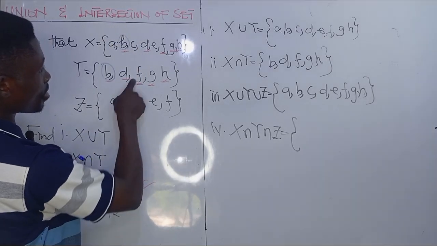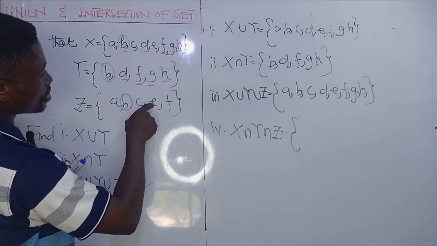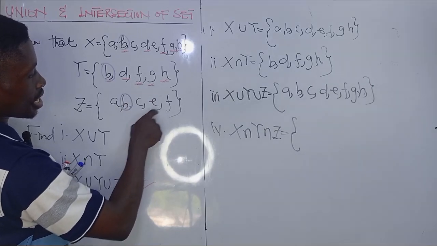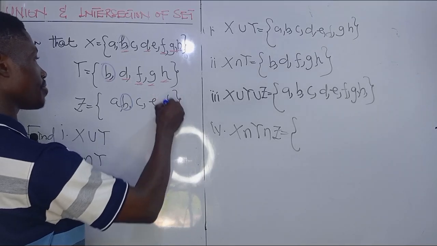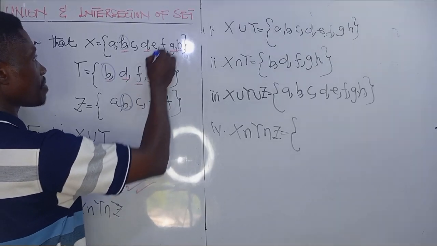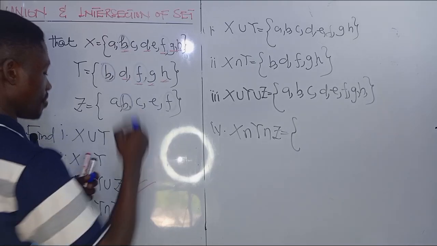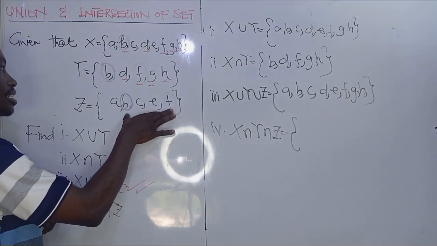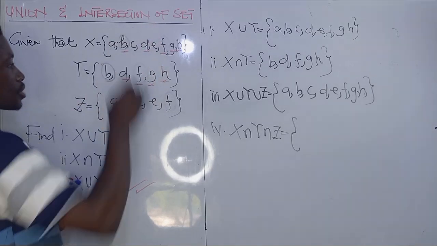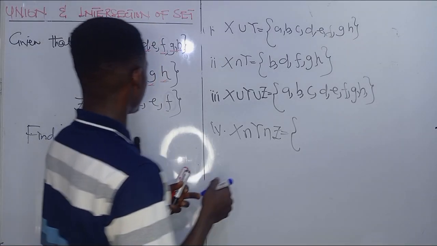We have C, but we don't have C here. Good. We have G, but we don't have G here. F, and then F. So these elements are common to set Z, set Y, and set X. So we have what? B and then F.